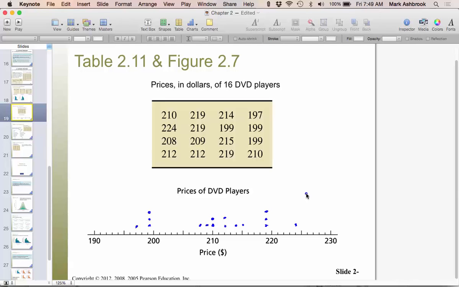And so how is this like a histogram? How does it resemble a histogram? Yeah, basically a histogram with dots instead of bars. So instead of bars, you get a column of dots, and the higher the column of dots goes, the higher the frequency, just like in the bars.